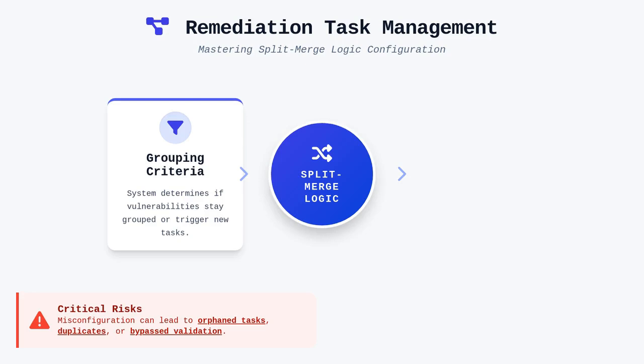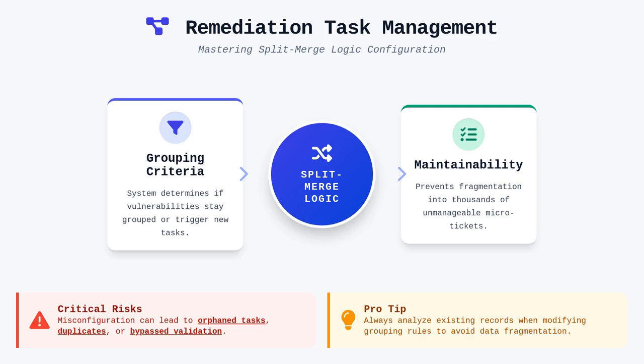Imagine a scenario where a high-severity vulnerability is added to a workstation group mid-cycle. If your merge logic is misconfigured, it might inadvertently bypass your standard validation workflows. Proper configuration ensures that tasks remain maintainable while preventing the fragmentation of vulnerability data into thousands of unmanageable microtickets.